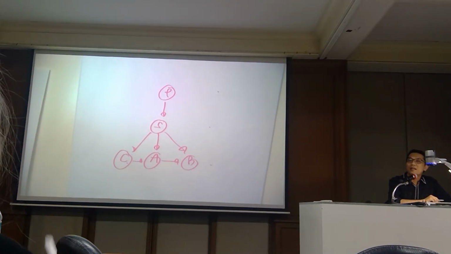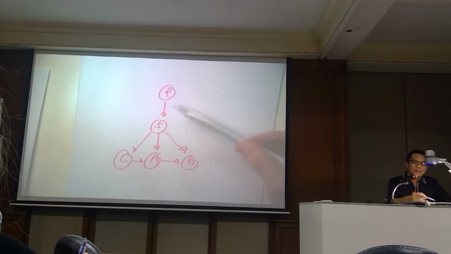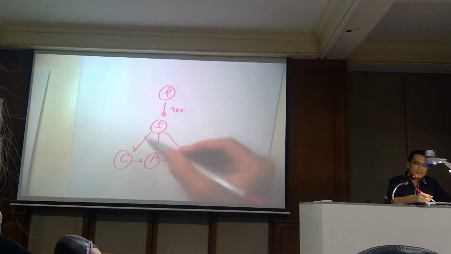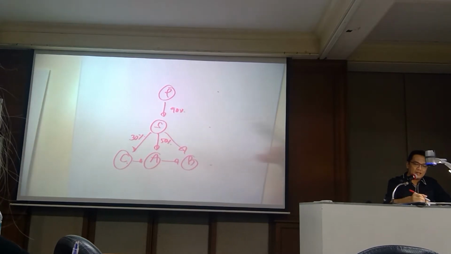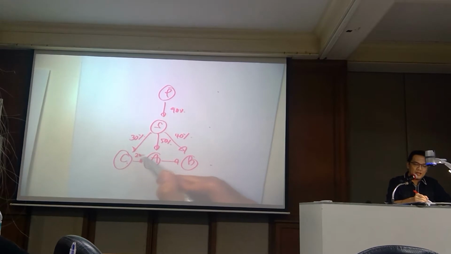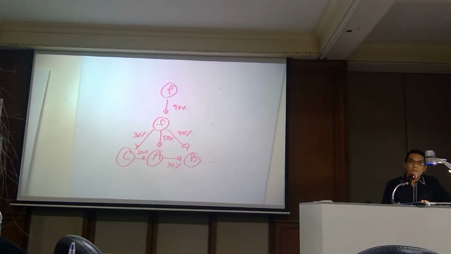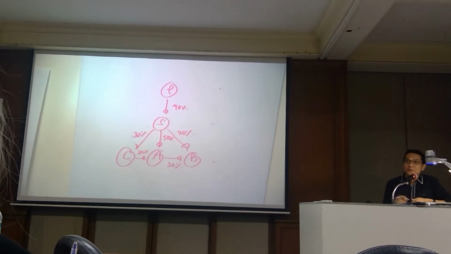The way we do consolidation is what? 90%, 30%, 50%, and 40%. This is 20, this is 30. Can you identify NCI for me, please, from this diagram?